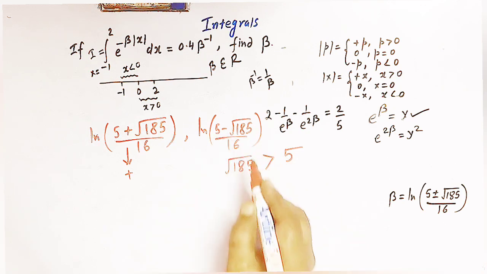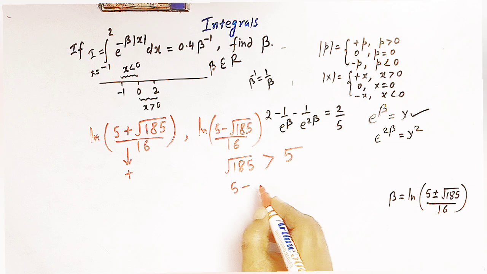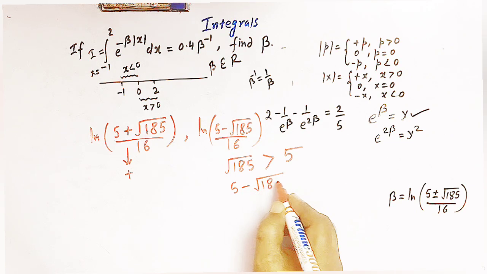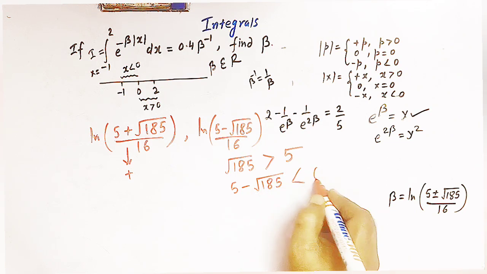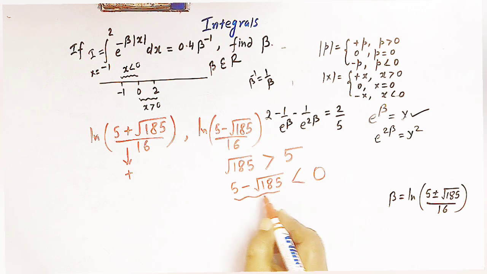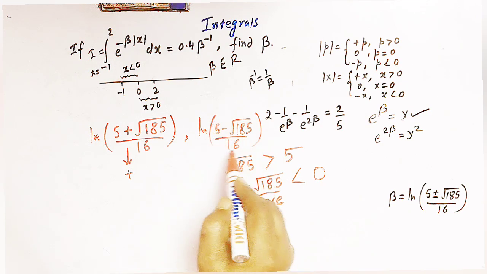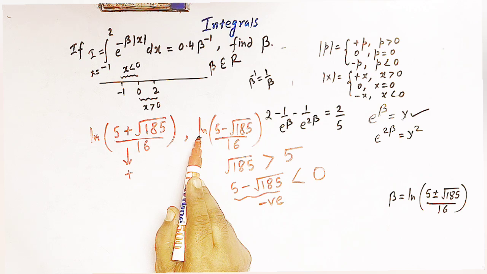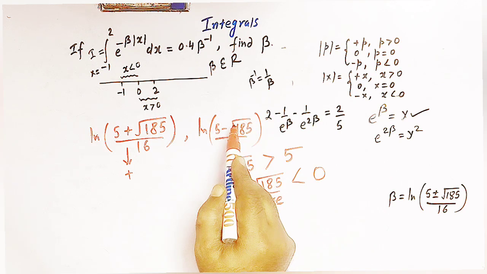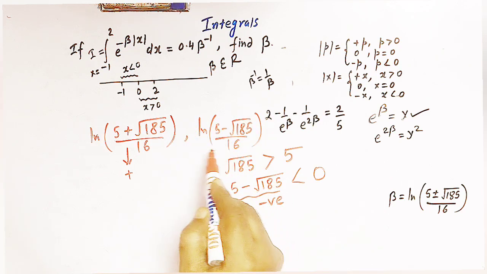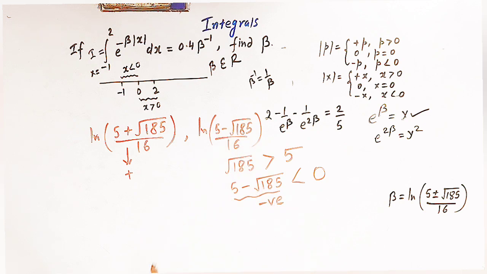So this difference, that is 5 minus square root of 185, is less than 0, that is, this expression is negative, right? So here we have the natural log of a negative quantity, right? And the natural log of negative quantities is not defined in the set of real numbers. So for that we require the set of complex numbers.